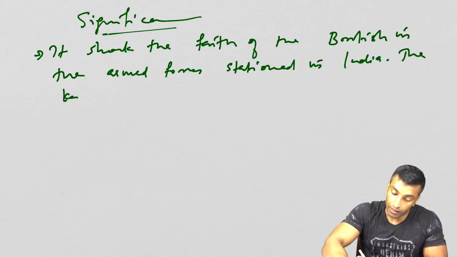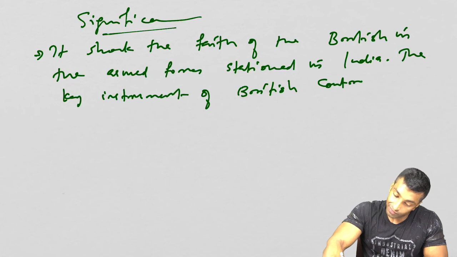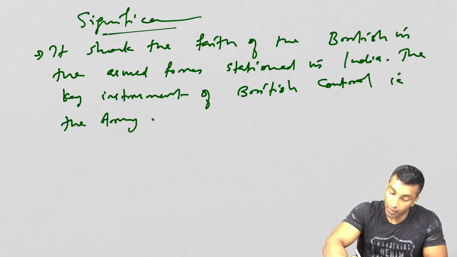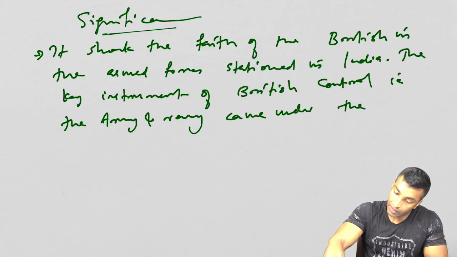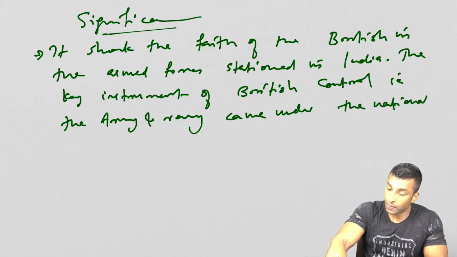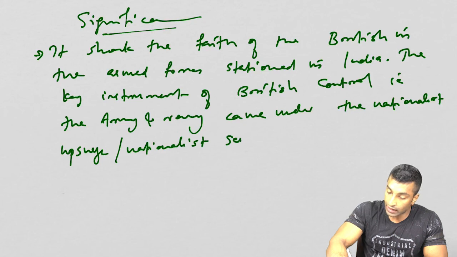Okay, the key instrument of British control, that is the army and navy, came under the nationalist upsurge or nationalist sentiment.